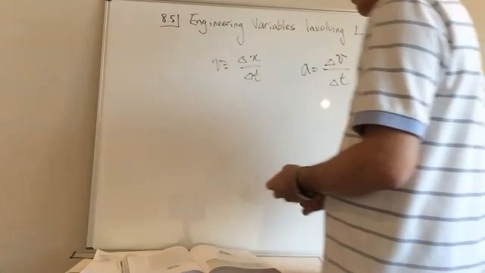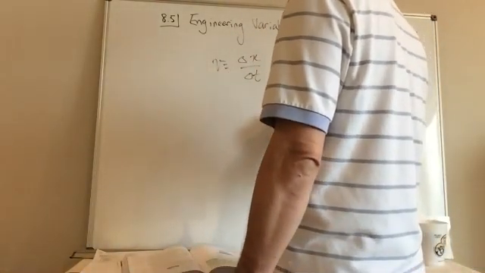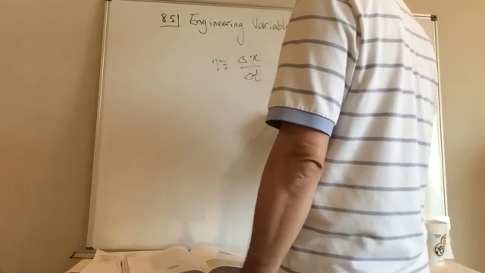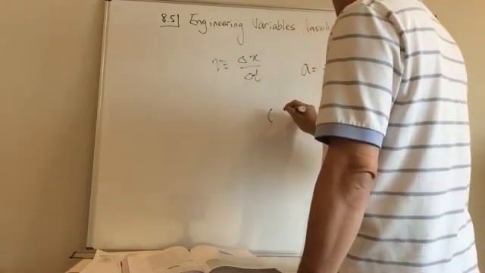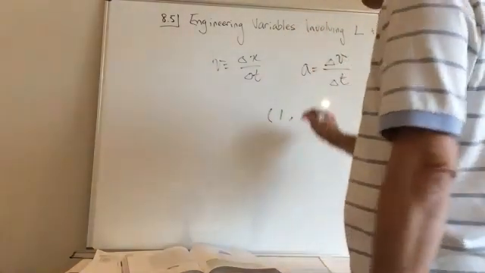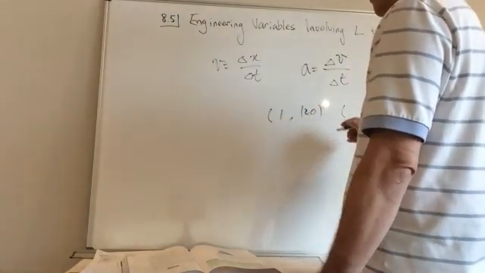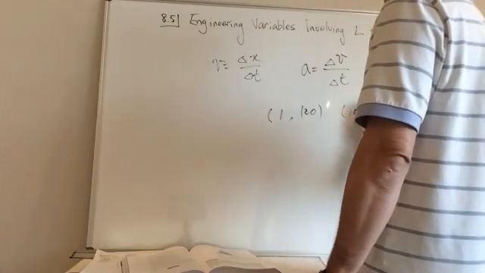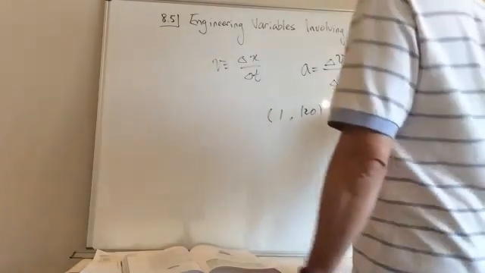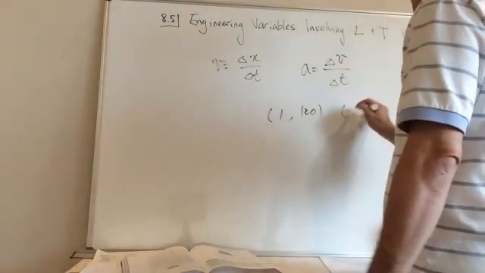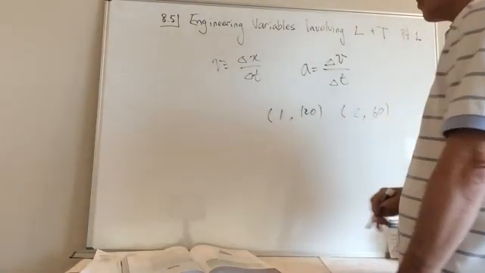Let's say that at time 1 hour you were going 120 miles per hour, and then at 2 hours, I'm going 60 miles per hour.